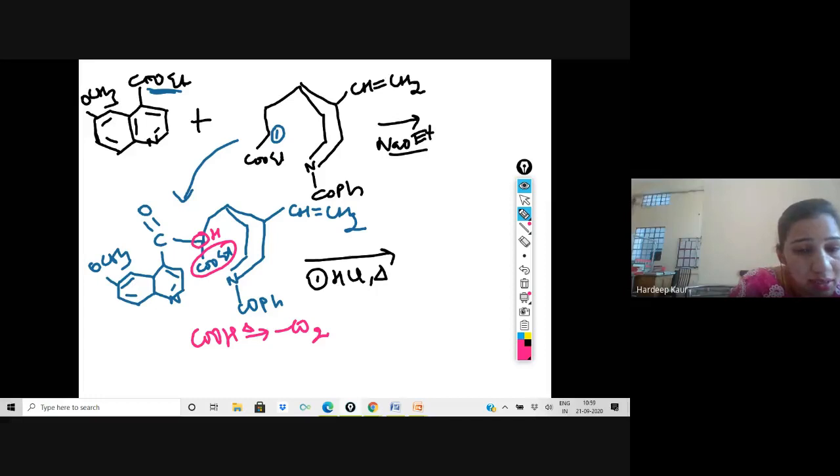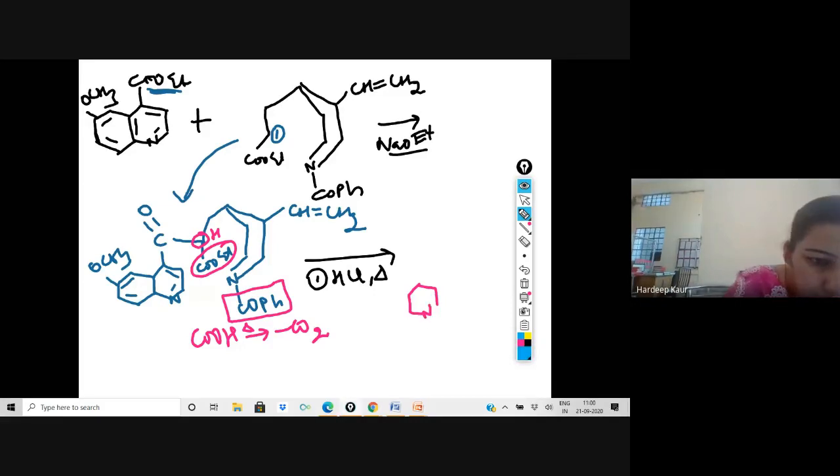And the second thing which happens to this molecule is that this is also hydrolyzed and it is converted into NH. Okay. So since this molecule now is optically active, let me write the structure. So we will be having this thing, quinoline.